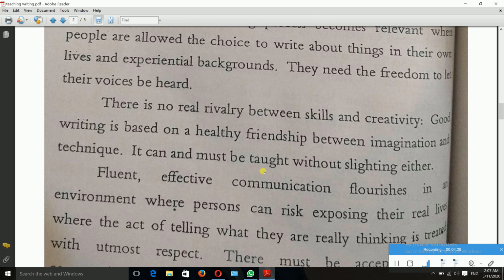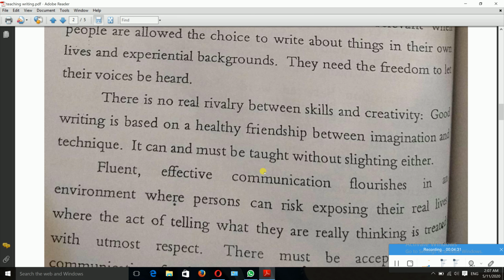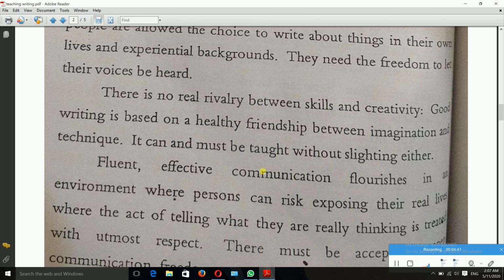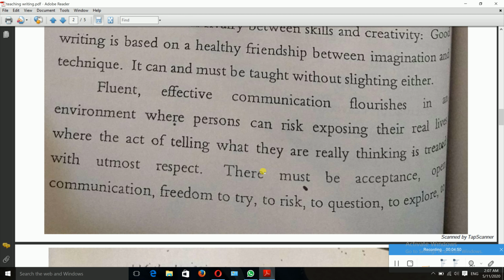There is no real rivalry between skills and creativity. Writing is based on a healthy friendship between imagination and technique. It can and must be taught without slighting either. Fluent, effective communication flourishes in an environment where persons can risk exposing their real lives, where the act of telling what they are really thinking is treated with utmost respect.